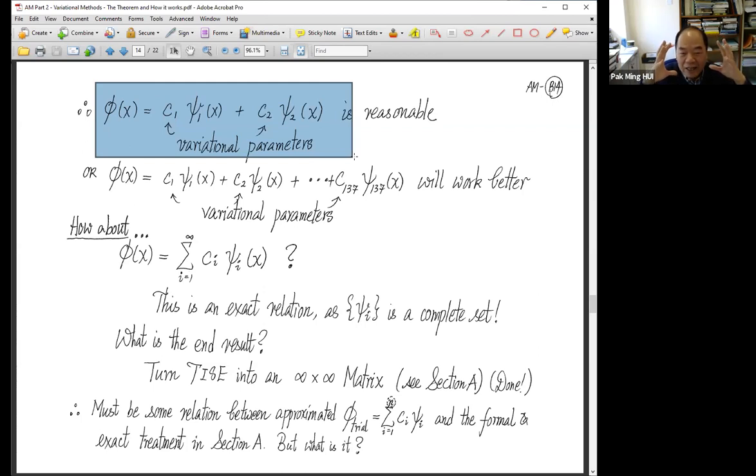That is to say, this approximation is a truncation of the exact big matrix. Of course, you truncate, that is an approximation, and we can justify the truncation by the variational method, which is an approximation. Okay, so that is the plan for next Tuesday, and then we will start perturbation theory, which again is related to the infinite by infinite exact formalism, the matrix form.